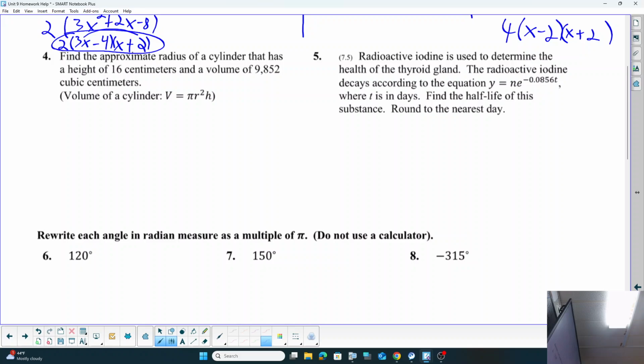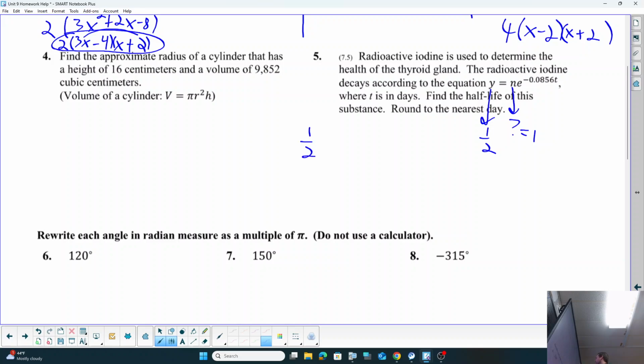Let's see here. So we have an equation. Find the half-life of this substance. So they don't really give us the initial. They want the target to be a half, though, okay? So we can just call this 1, and then we have a half. Or you can choose 40, and half of it's 20. Or choose 10, half of it's 5. Up to you, as long as you get half when you divide it over.